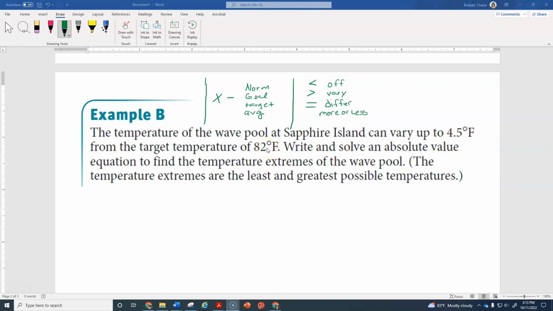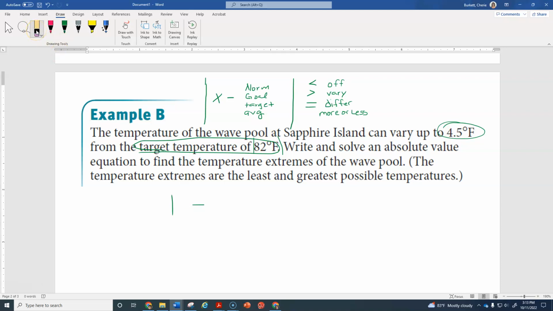So in this problem, because we've identified the word target, we know that this goes inside the absolute value bars, and this one is the one that's outside. So we would say absolute value of X minus, you don't have to use X since we're talking about temperature right here.